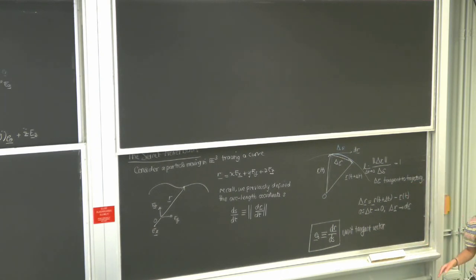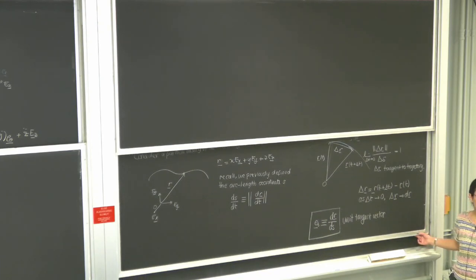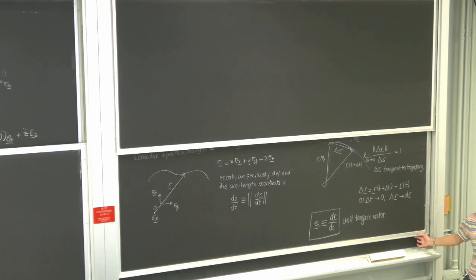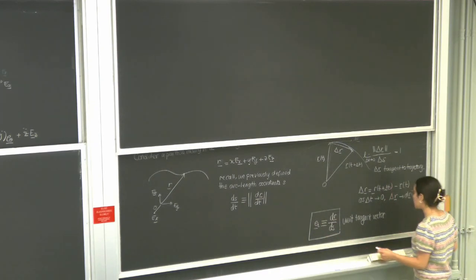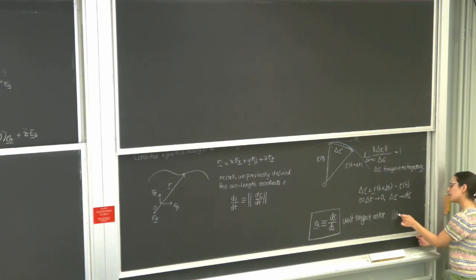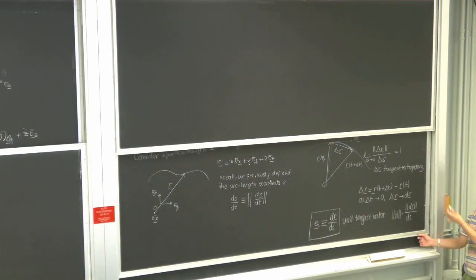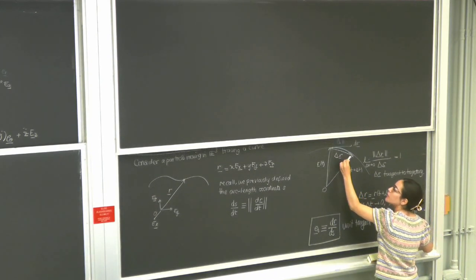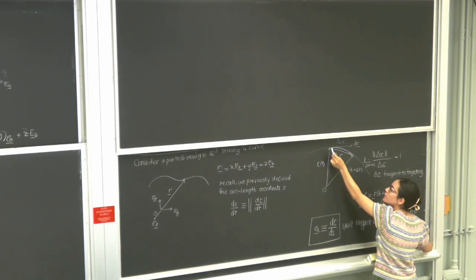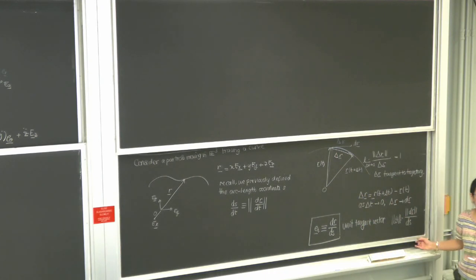Raise your hand if you understand why e_t is a unit vector. Okay, so let me repeat. If I calculate the magnitude of e_t, that's the magnitude of dr over ds. And the magnitude of dr is going to be equal to ds. So as delta t goes to 0, the length of this vector is equal to the arc length of the curve.